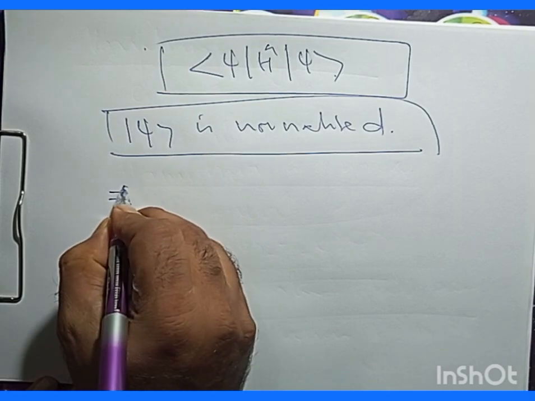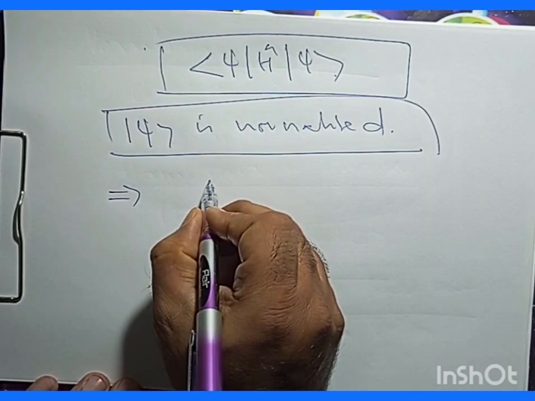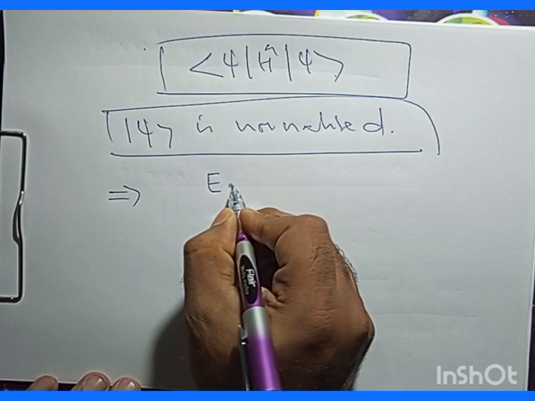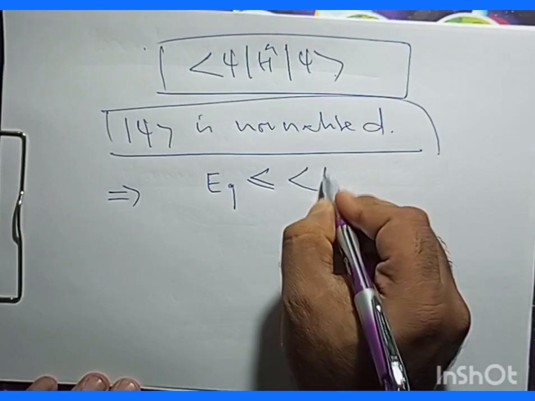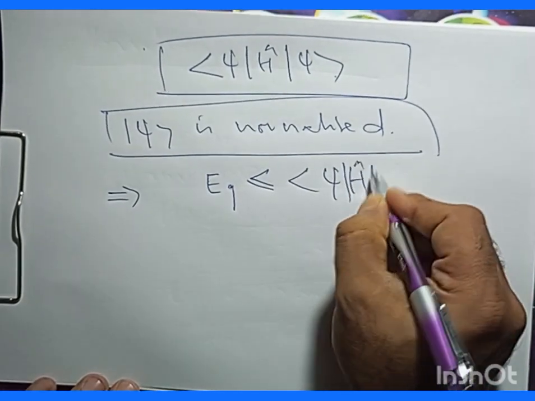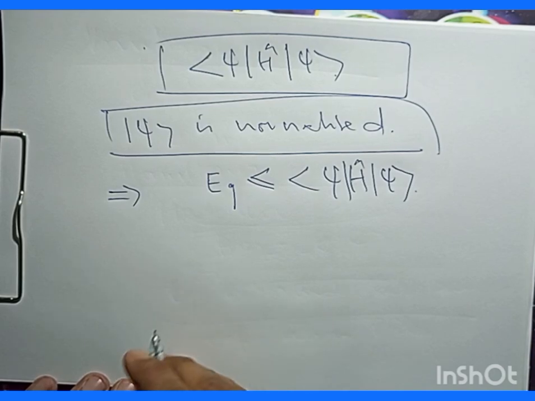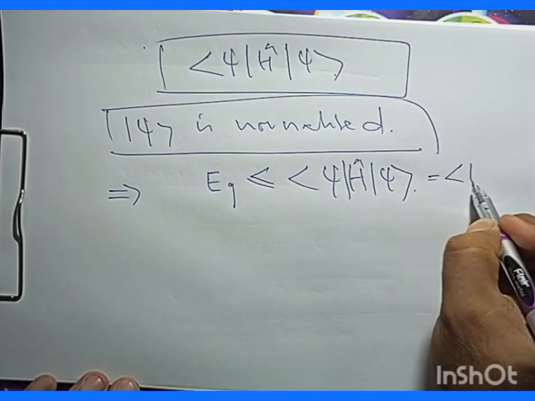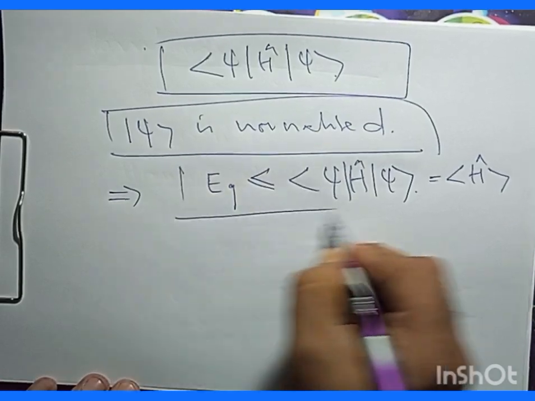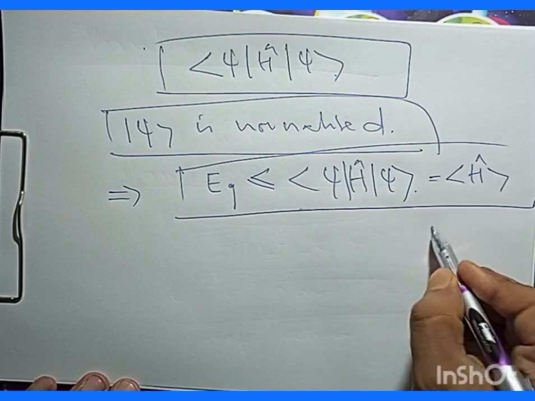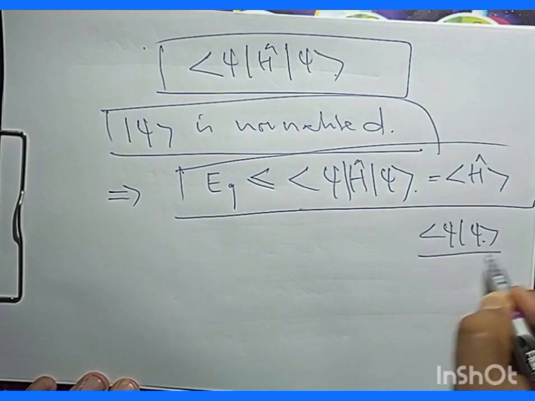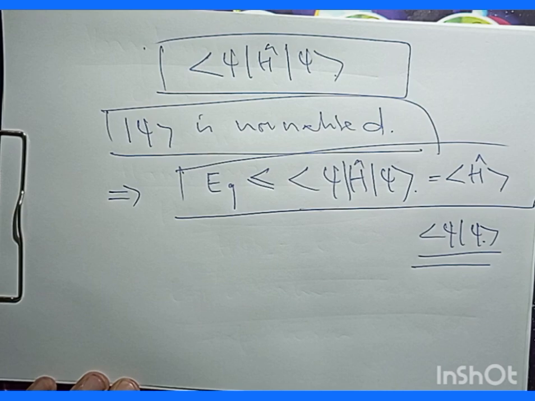So in view of the variational principle, the ground state energy is less than or equal to this expectation value <psi|H|psi>. This can be written as the expectation value of the Hamiltonian, in actuality divided by <psi|psi>, since the wave function is normalized. That's why its value is equal to 1.